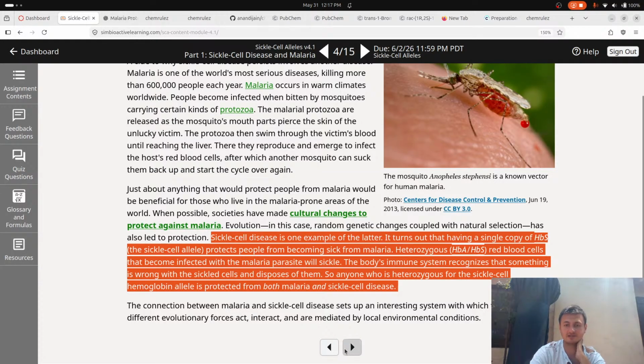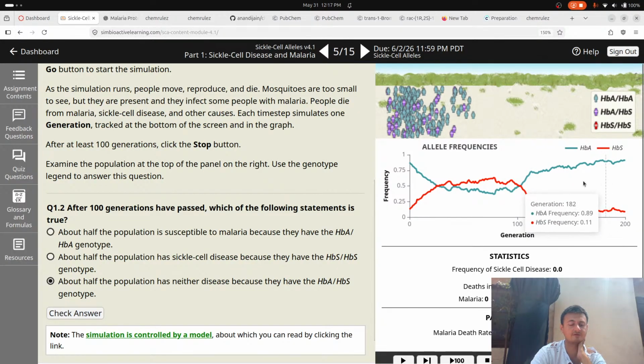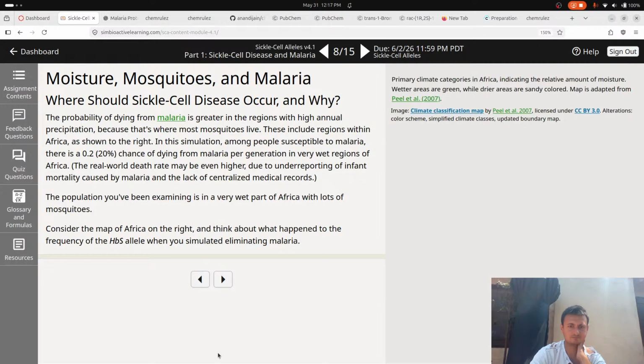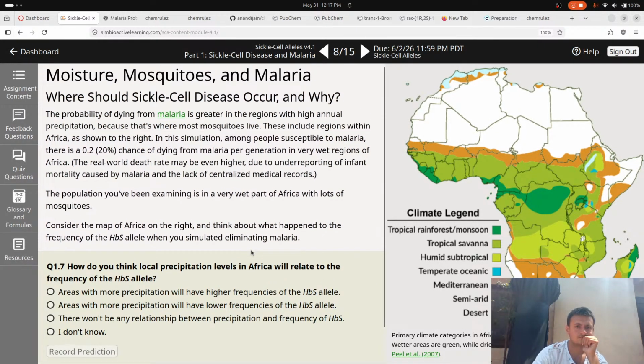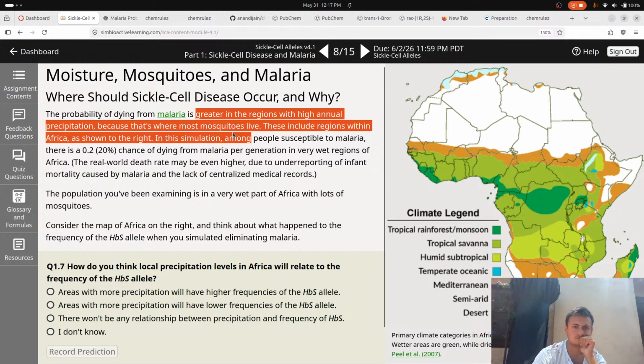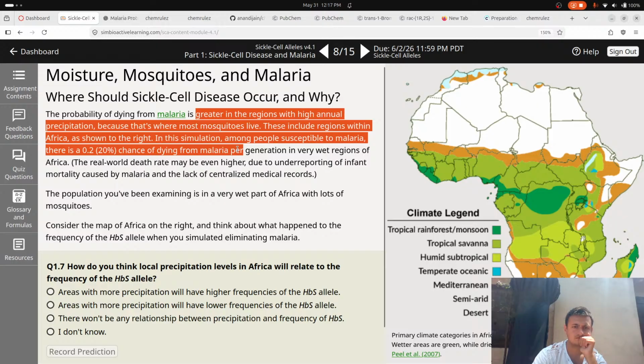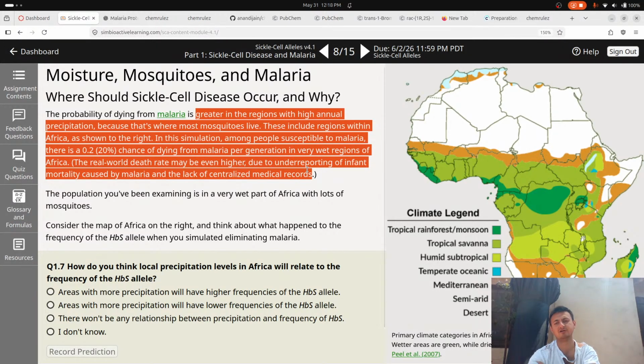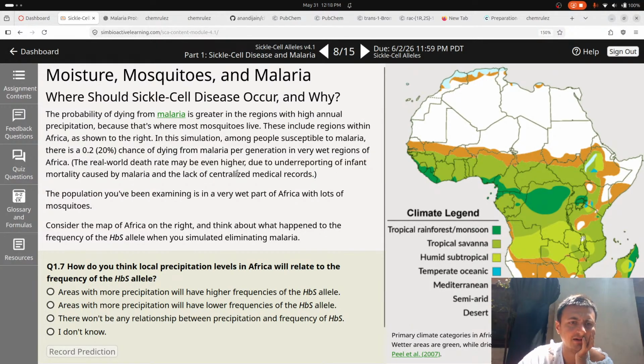Okay, all right, I think I understand this graph. Dude, malaria is brutal. Holy cow.